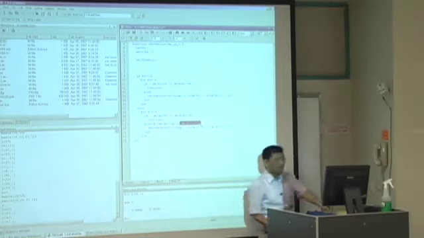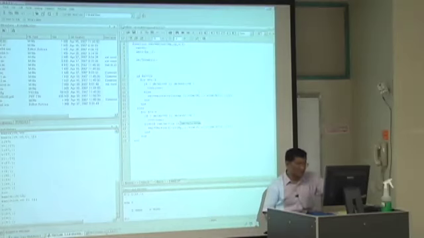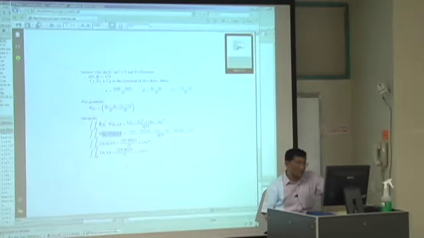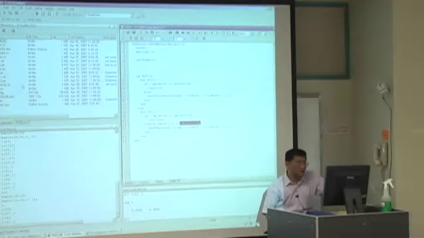Then integral. As you can see, we need to do this integral. Then this integral involves this kind of calculation, right? And then this integral involves this kind of calculation. So all I did was creation of these things with vertex information given in. As you can see, vertex information is given.